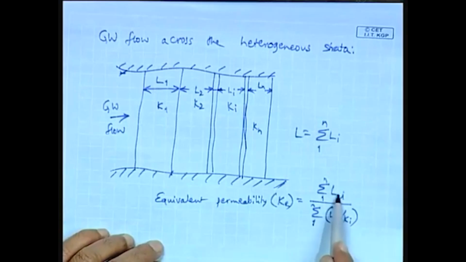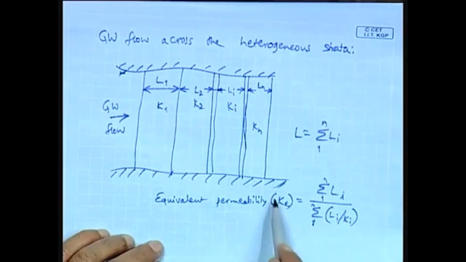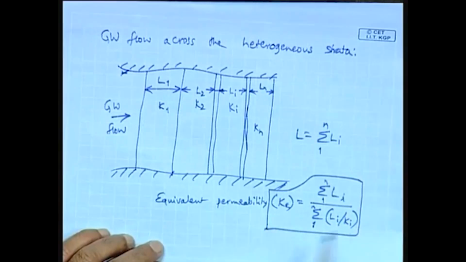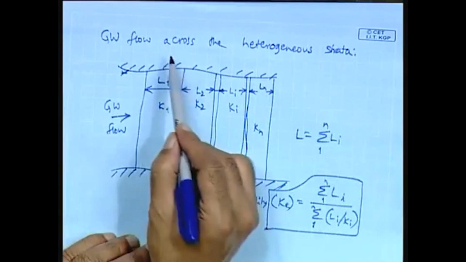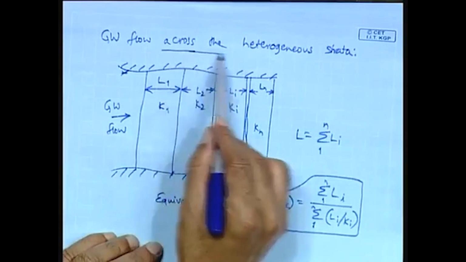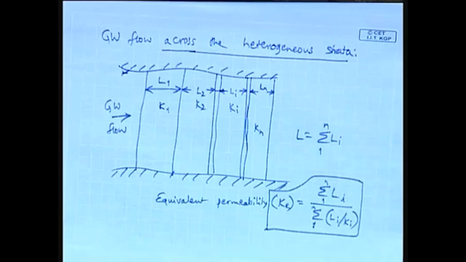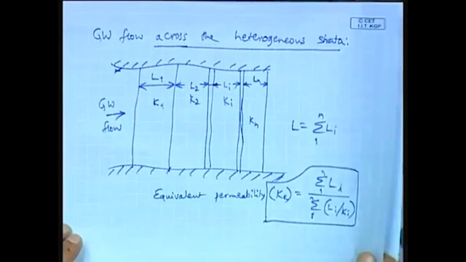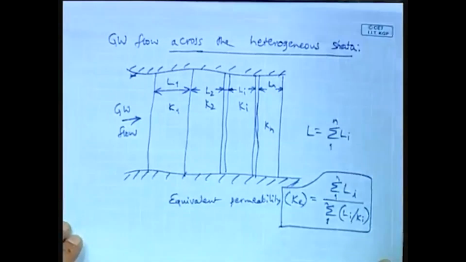So, basically this is the length, and Li by Ki represents the travel time. Okay. So, this is the expression for the equivalent permeability in case of a heterogeneous aquifer, wherein the groundwater flow is across the heterogeneous strata. So, we will stop here and we will continue in the next lecture and move on to the further articles in this. Thank you.